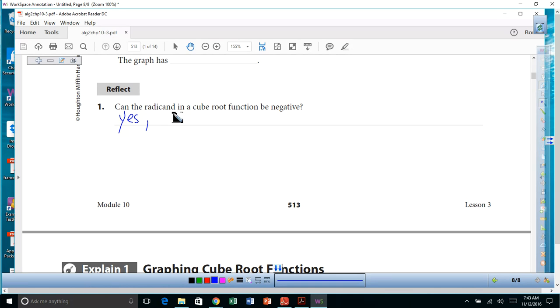And that's because the cube of a negative number is negative.